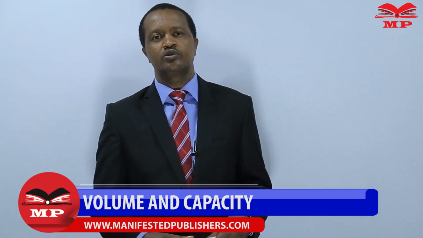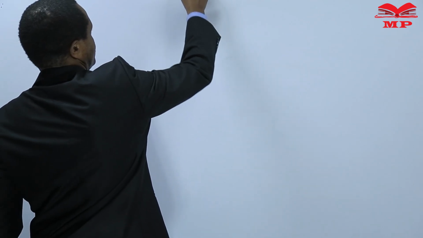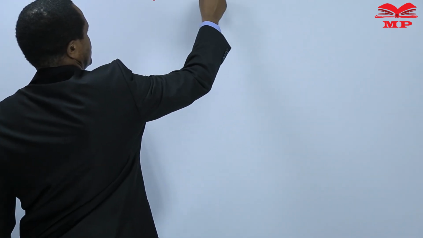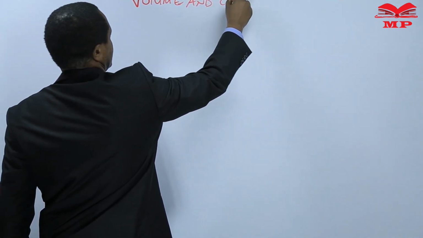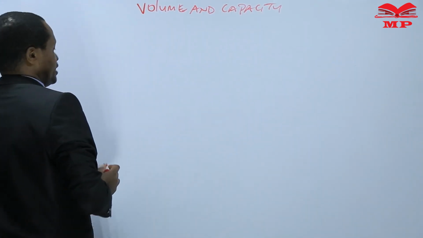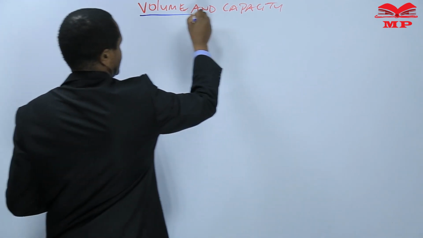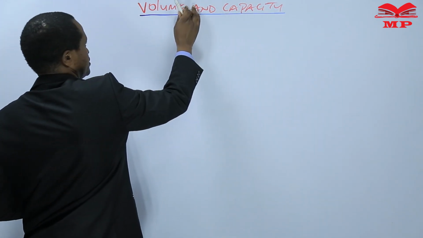In today's lesson, we are going to begin on capacity because in our previous lessons we covered the various aspects of volume. Today, our attention is on capacity, but the topic is volume and capacity. We have covered volume.